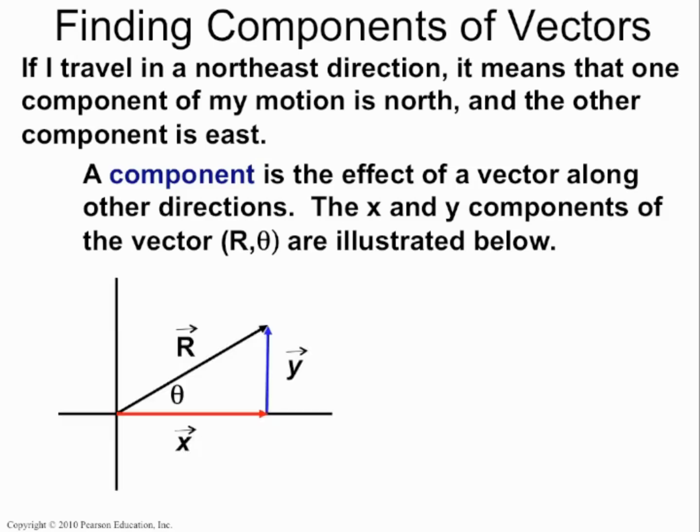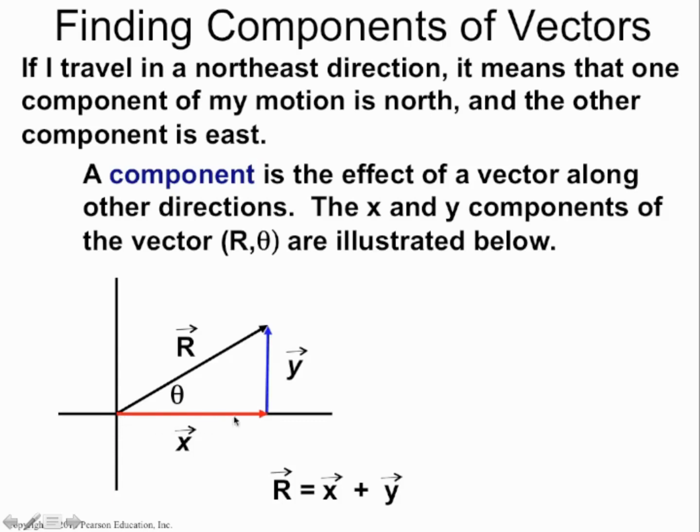So here we have vector r, and it's at an angle theta. This vector r has a horizontal component of x and a vertical component of y. And the vector sum is r equals vector x plus vector y. Notice that this goes back to the tip to tail method.